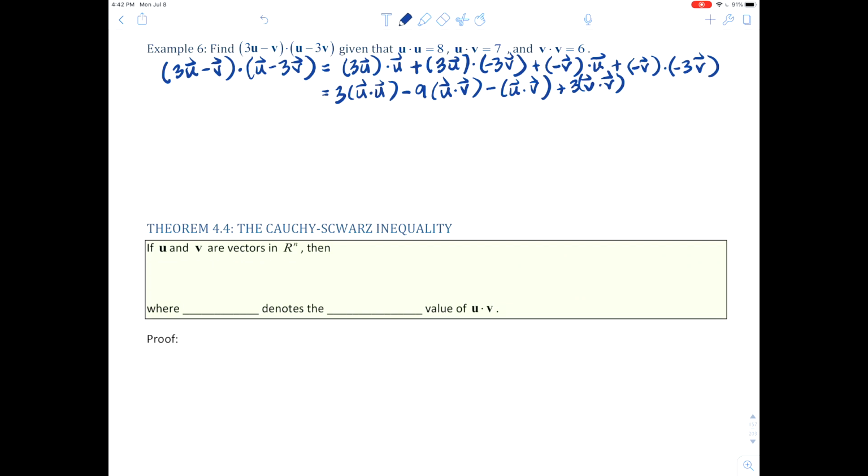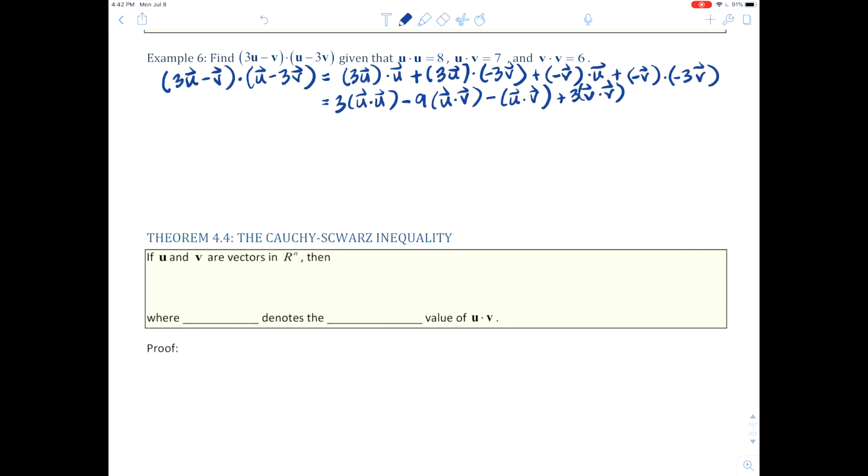Cool? Okay, so we know some of these things. Let's just clean it up one more little bit. 3 times u dot u, and then we'll have minus 10 of these u dot v's, and plus 3 v dot v's.